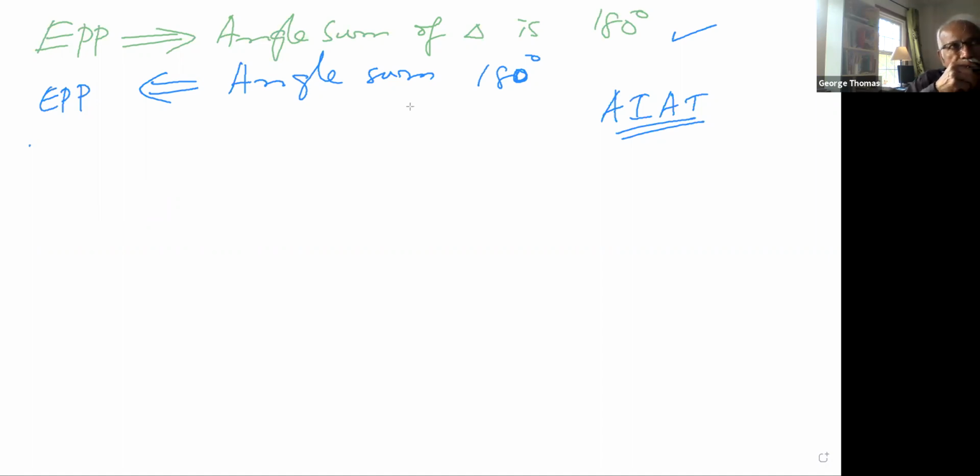Let me see. How do I prove this? Angle sum 180 implies the parallel postulate. I am going to assume a proof by contradiction.